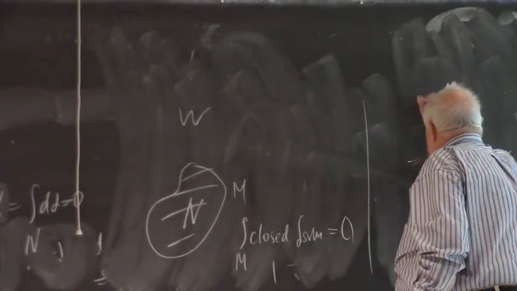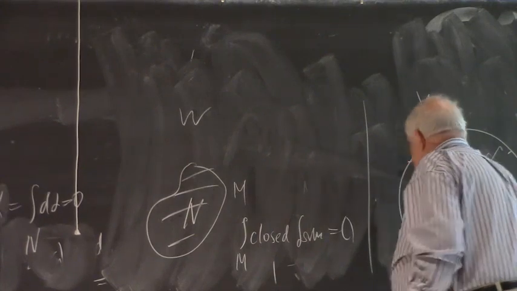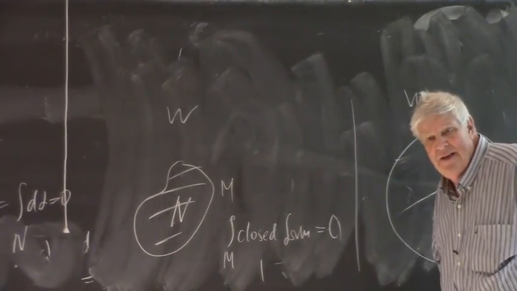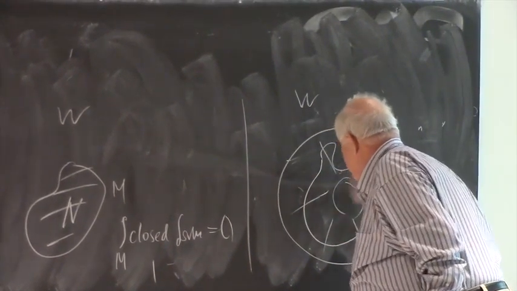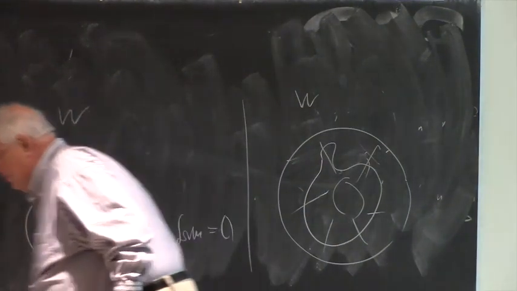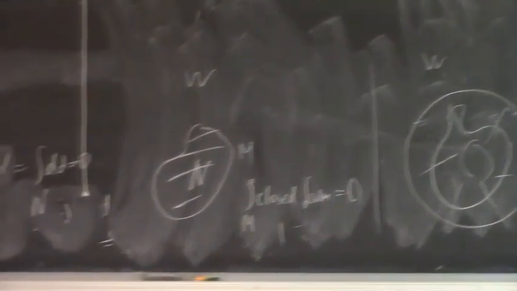If, however, W is, say, the open annulus, and this is a submanifold of dimension 1, right? It is a submanifold. We can consider integrals of forms of degree 1.